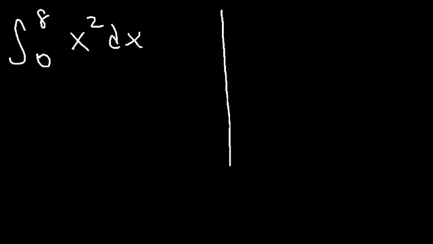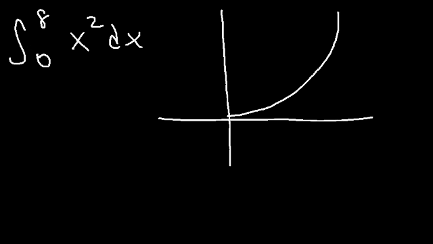Let's say we wanted to integrate x squared from 0 to 8. The value of this definite integral is equal to the area under the curve from 0 to 8. And using Riemann sums, we can use rectangles to approximate the area under the curve.